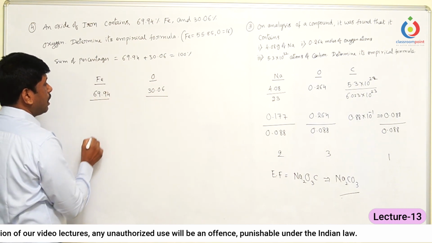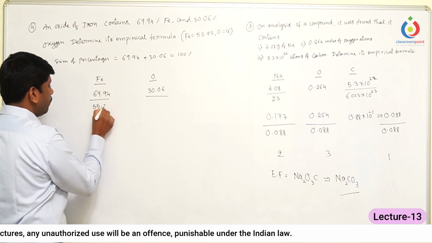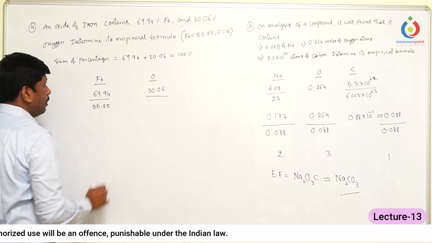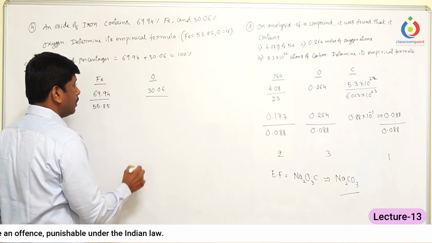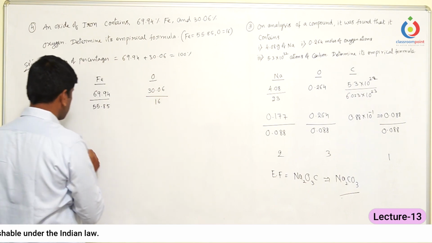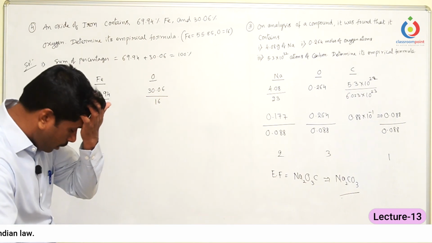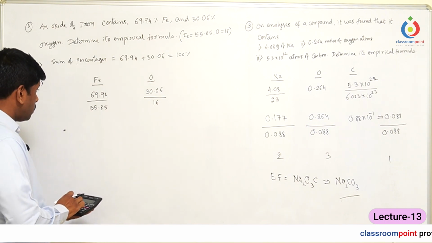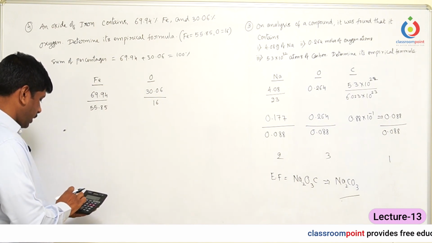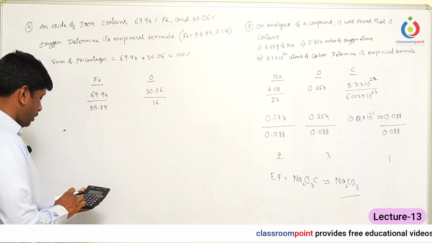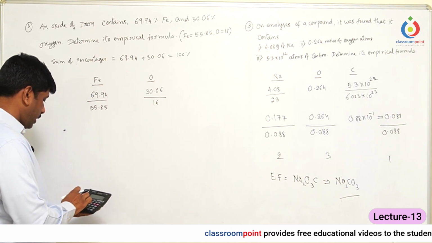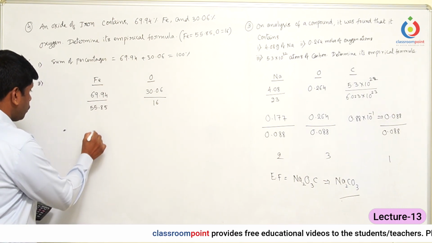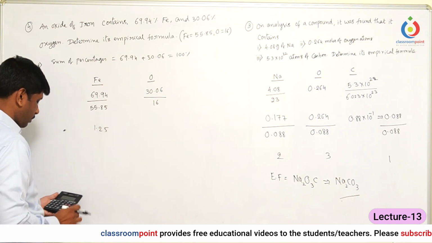Divide with respect to atomic masses, 55.85 for iron and 16 for oxygen. So the values are 69.94 divided by 55.85, which is equal to 1.25.